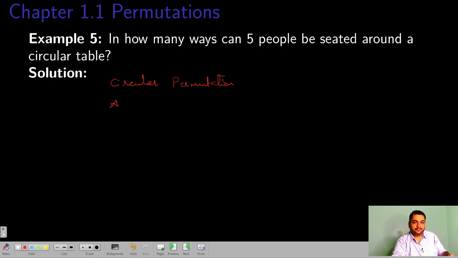Let us say we have 3 people, A, B, C. They have to be arranged in a row or in a line. If they are arranged in a single row or a line, how will you arrange them? Let us say this is A, B followed by C. This is 1.